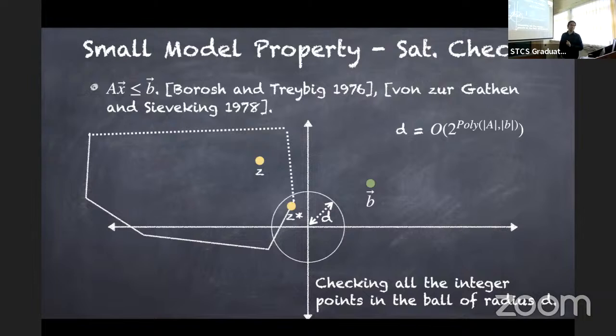So this is the small model: if there exists a model, then there exists a small model within this set. So you're saying if there is an integral solution, then there is an integral solution whose coordinates are not too large. Exactly. That's the small model.